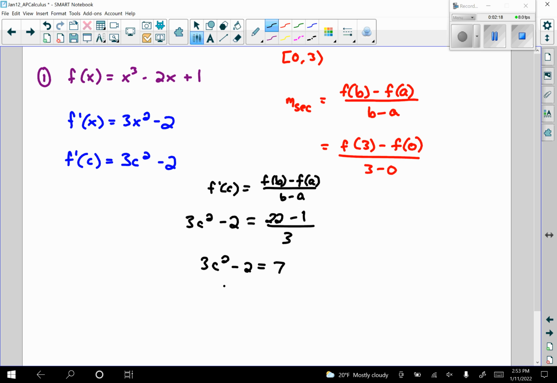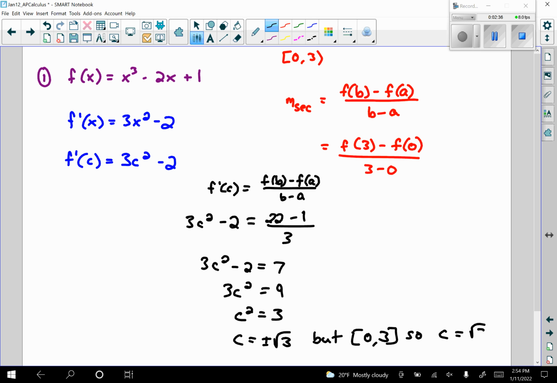We're going to add 2, divide by 3, and then take the square root. So the possible values are going to be plus or minus the square root of 3, but our interval is just from 0 to 3, so c could just equal the positive square root of 3.